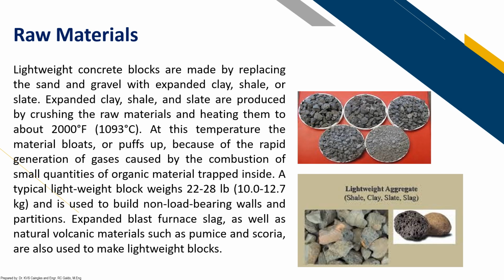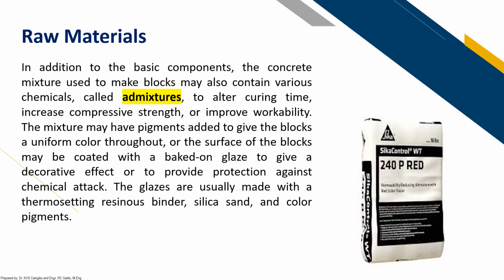Expanded blast furnace slag, as well as natural volcanic materials such as pumice and scoria, are also used to make lightweight blocks. In addition to the basic components, the concrete mixture used to make blocks may also contain various chemicals called admixtures. Admixtures are used to alter the curing time, increase the compressive strength, or improve the workability of your CHB material.